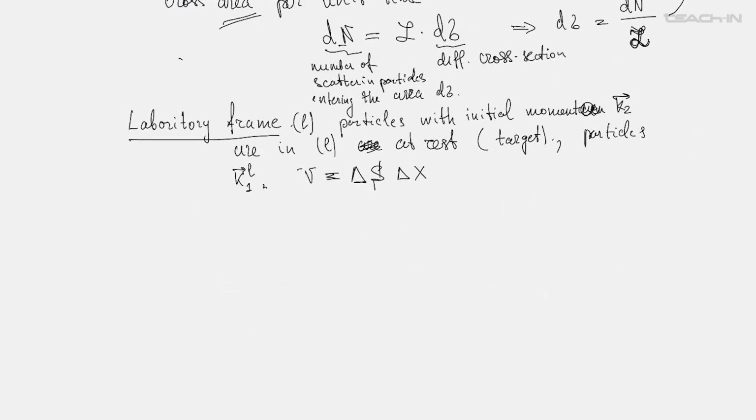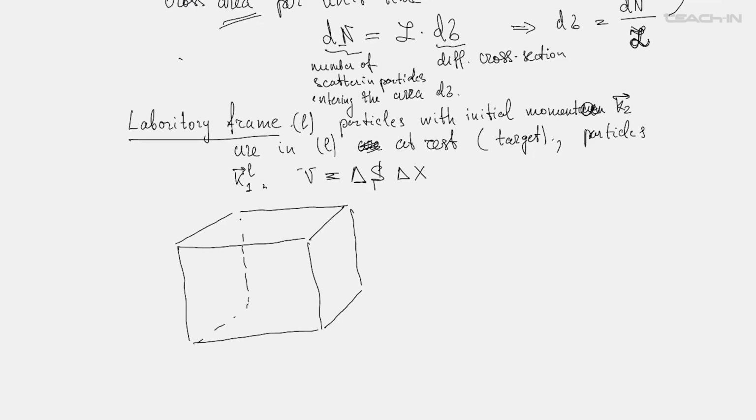So we have a certain cross area. Like this. So this will be our cross area delta S here. This will be delta X, the depth.